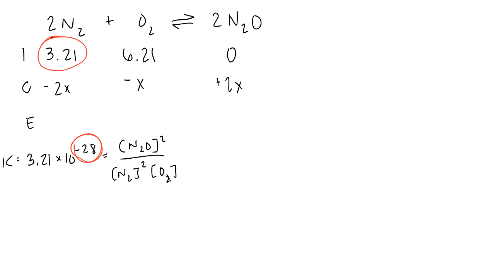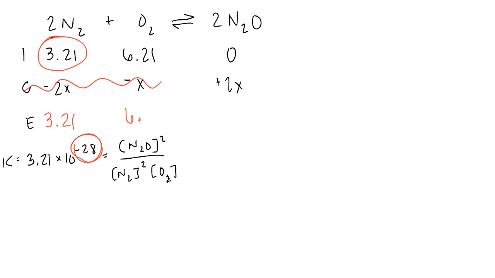That means that we can cancel out any minus x factors. If we're not having anything subtracted from our reactants, because it is so small that it doesn't make any big difference, that means that our nitrogen equilibrium pressure is going to be 3.21. And for oxygen, it's going to be 6.21.